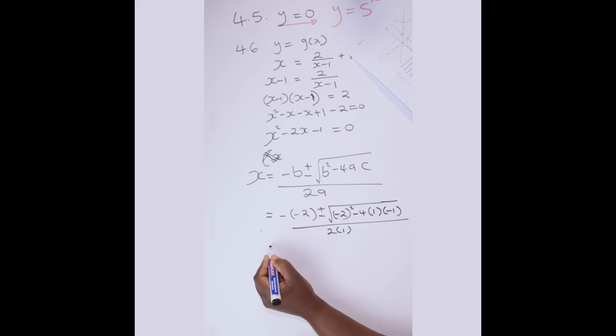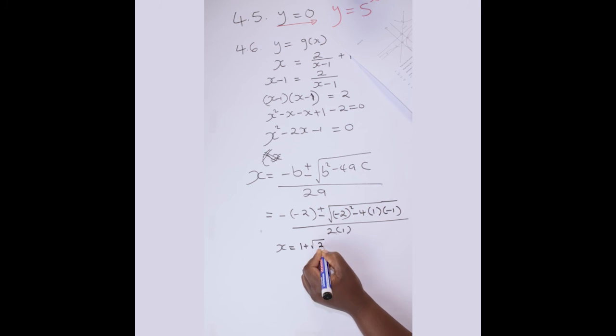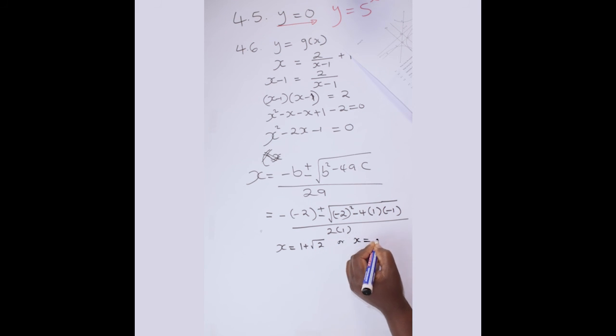And then you can simplify this in the calculator, and it will give you two solutions. It is giving you x equals 1 plus the square root of 2, or x equals 1 minus the square root of 2. You can write it in decimal format or leave it like that. It will never have a problem.